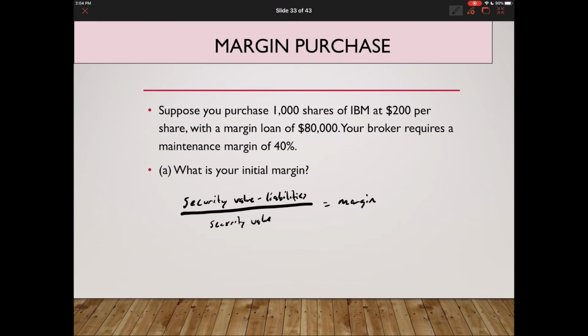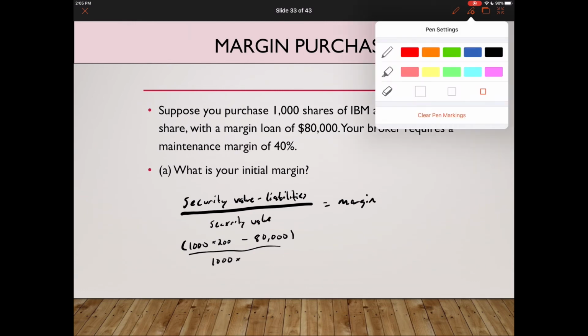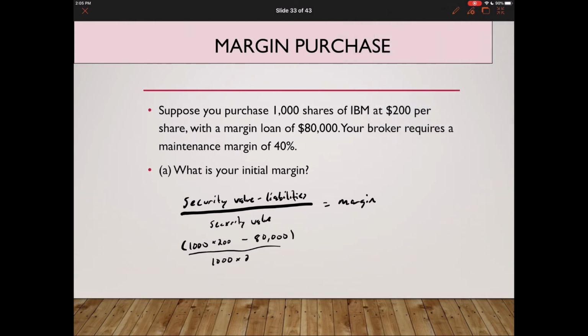So what we have here is 1,000 shares times $200 per share minus the $80,000 loan, divided by 1,000 times, sorry, I might have a little error there. It should be $200 per share, not 2,000. So 1,000 shares at $200 a share.